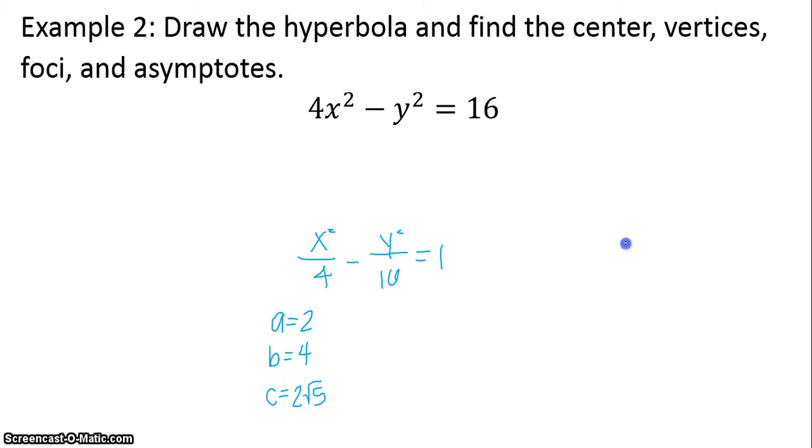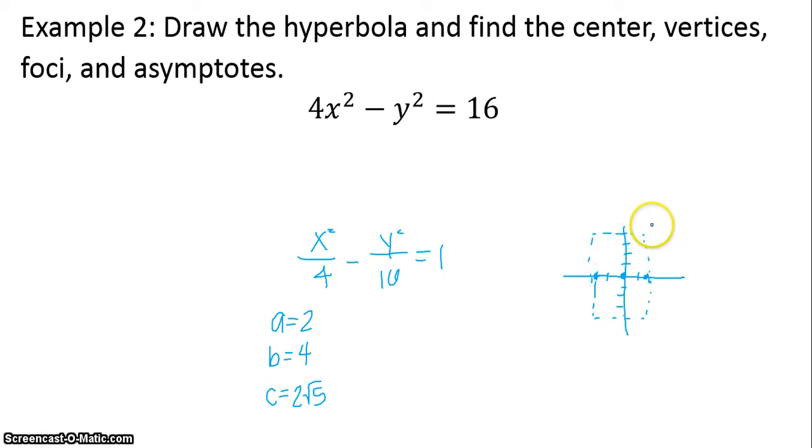So when I go to draw my hyperbola, I'm starting at 0, 0 for my center. The x comes first, so I'm going left and right 2 for my vertices. I'm going up from that and down from that 4, and those are just like your co-vertices to help draw this little rectangle.